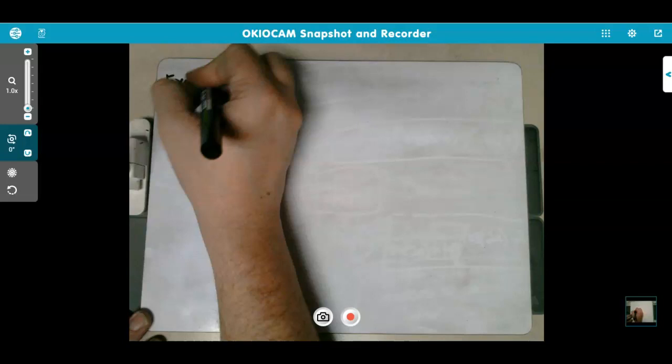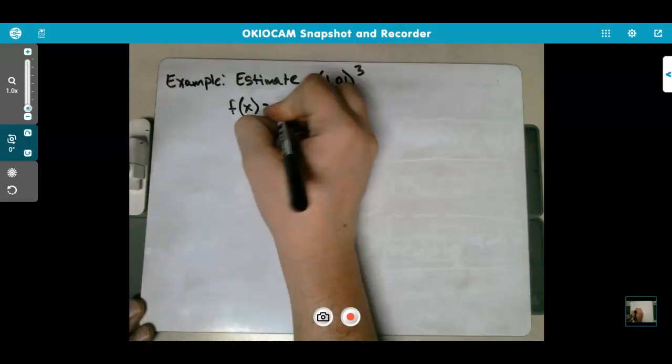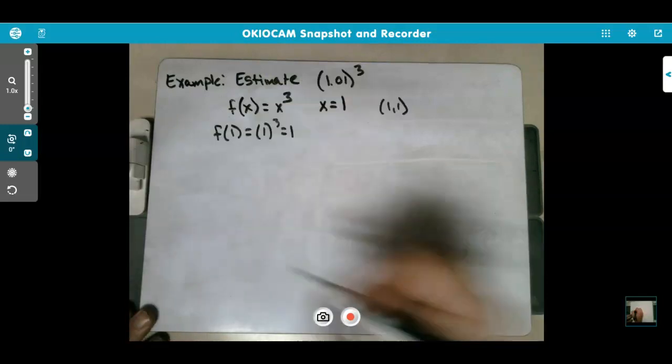So again, a function here that I know is x to the third, and I can do that if x is equal to 1. So let's find the tangent line at x equals 1. So first thing I need is a point, so plug in 1, that's 1 cubed, 1 cubed is 1. So I have the point 1, 1. And then now I need my slope.